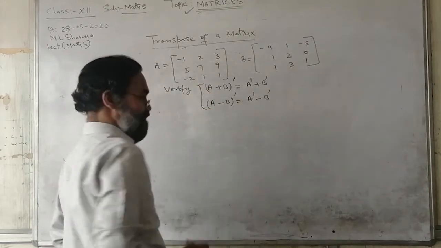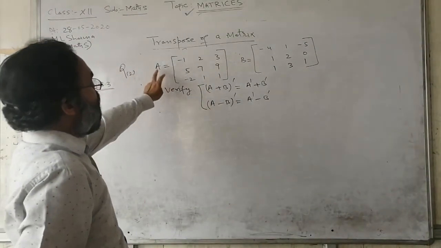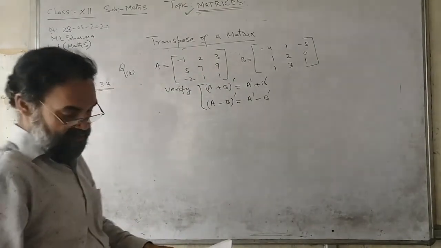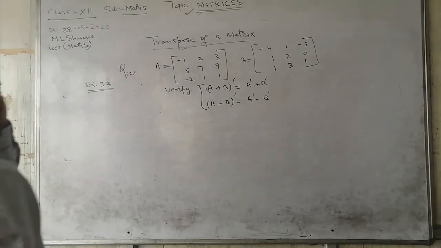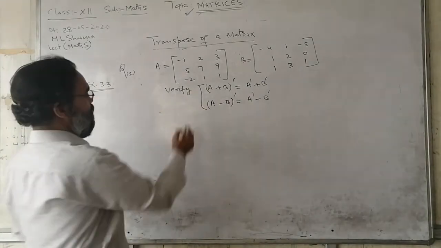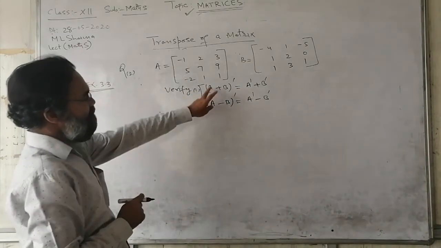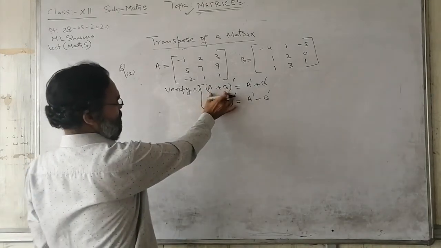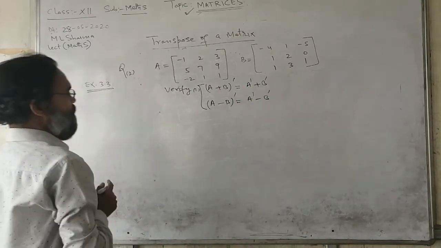So these are the two parts which are to be verified when matrix A and matrix B are given. This is question number 2 of this exercise. In order to verify the first part, this means the sum of the transposes of two matrices is equal to the transpose of their sum.